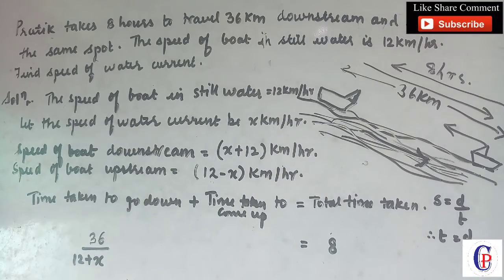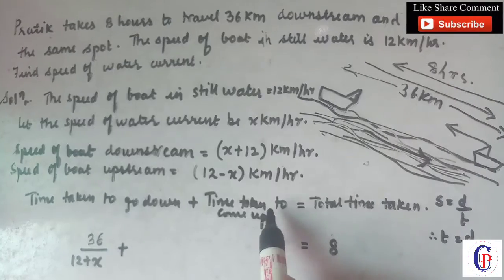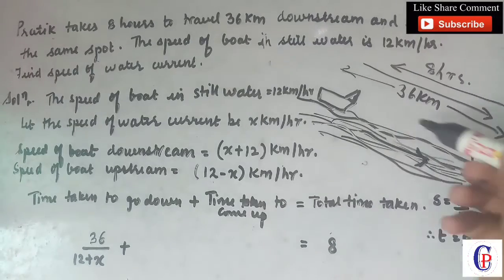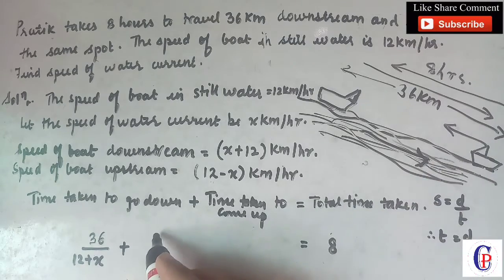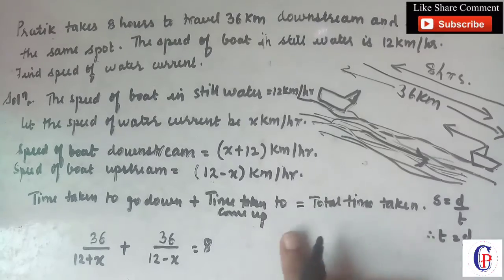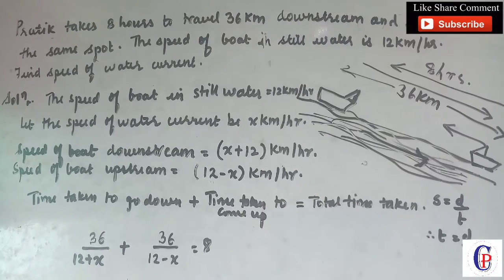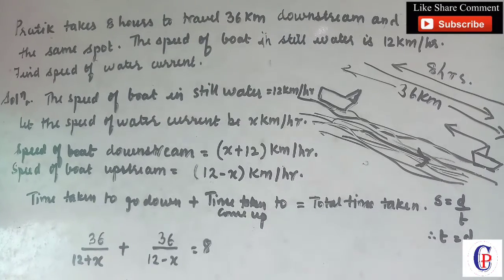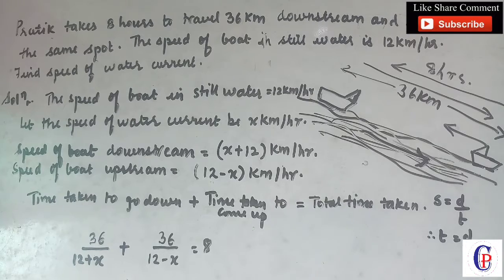You write 2 plus 3 or 3 plus 2, it means the same. Plus time taken to come up. To come up, distance is the same 36 kilometers upon speed, that is 12 minus x, and the total time taken is 8. So you can solve this by cross multiplying and you will get the values of x.